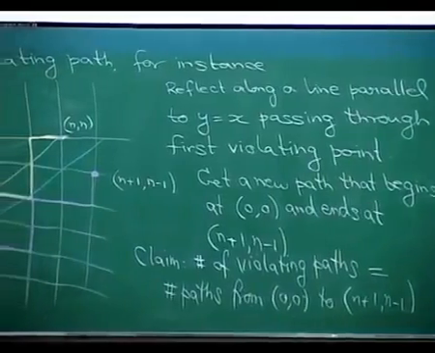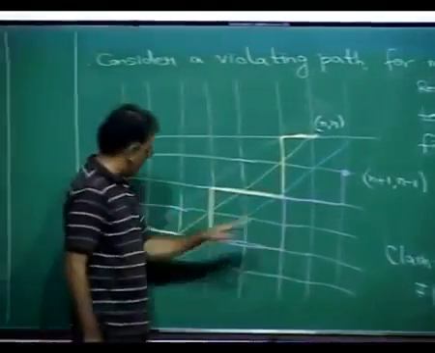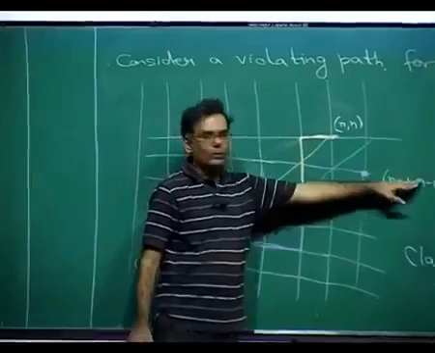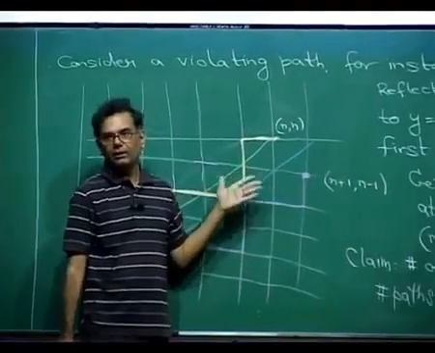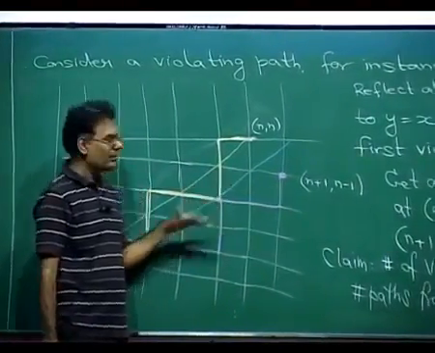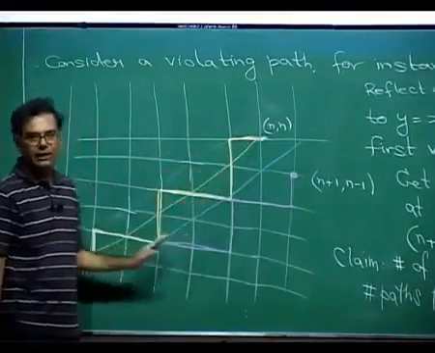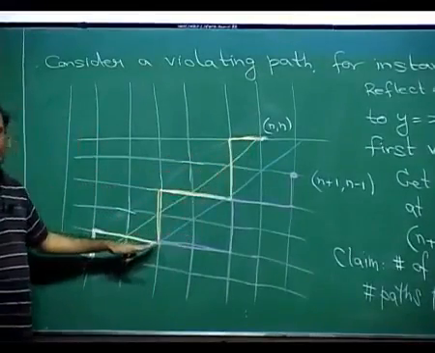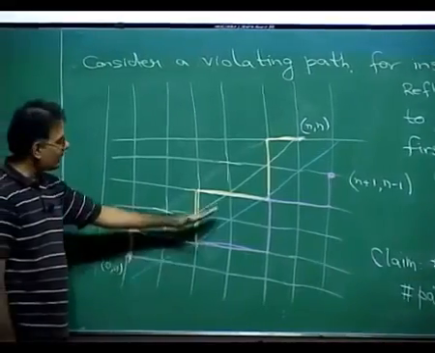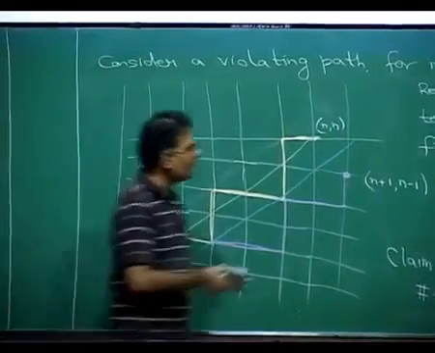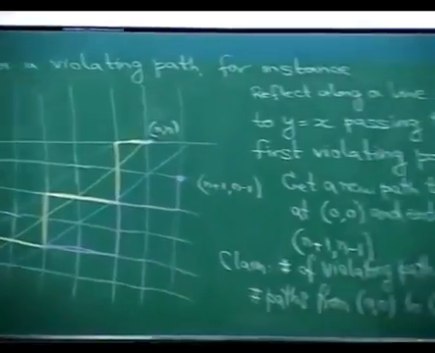So, why is this? What I am trying to say is, if I take any path at all from 0, 0 to n plus 1, n minus 1, it is obtained by this procedure of taking some path from here to there which violates, and then reflecting around the line passing through the first violating point. This is the claim that we have to understand. Okay, so let us see why.